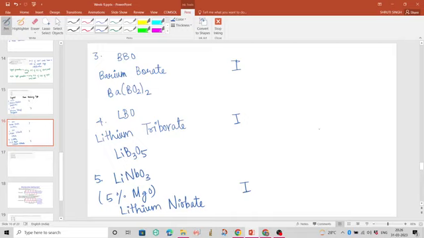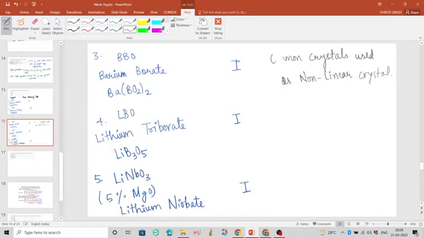So these are the common crystals. It is used as nonlinear crystals.